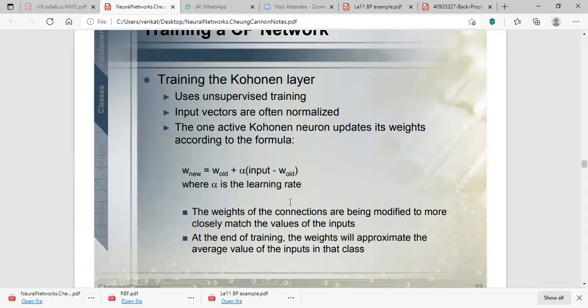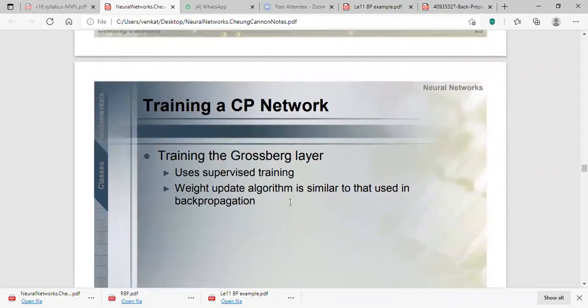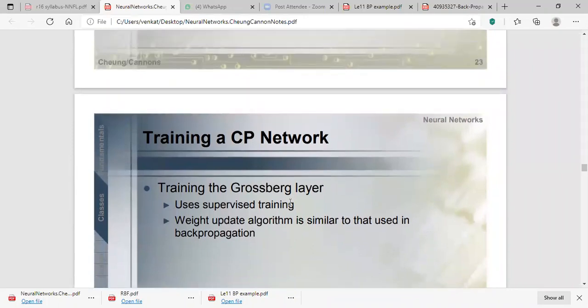At the end of the training, we need to consider average values of inputs in that particular class. So coming to training your Grossberg layer, you are using supervised training. In this, the weight update algorithm is similar to the backpropagation algorithm we have learned.